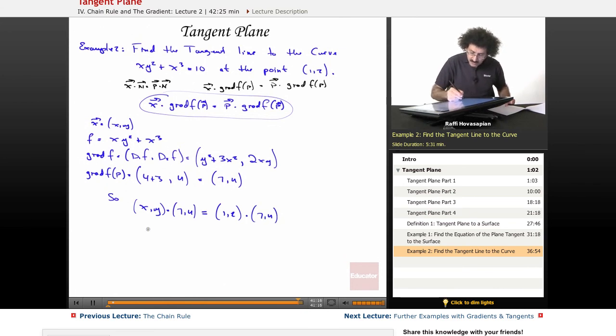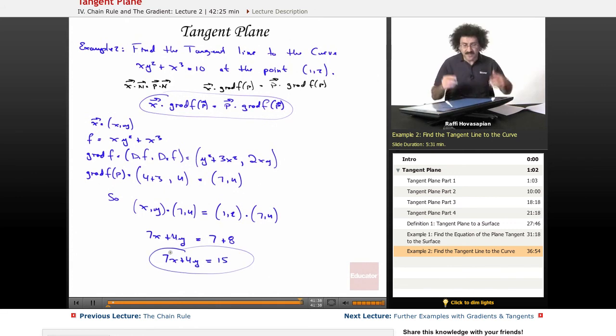So there we go. Now we do the dot product. This is 7x plus 4y. 1 times 7 is 7. 2 times 4 is 8. And if I'm not mistaken, we get 7x plus 4y equals 15.